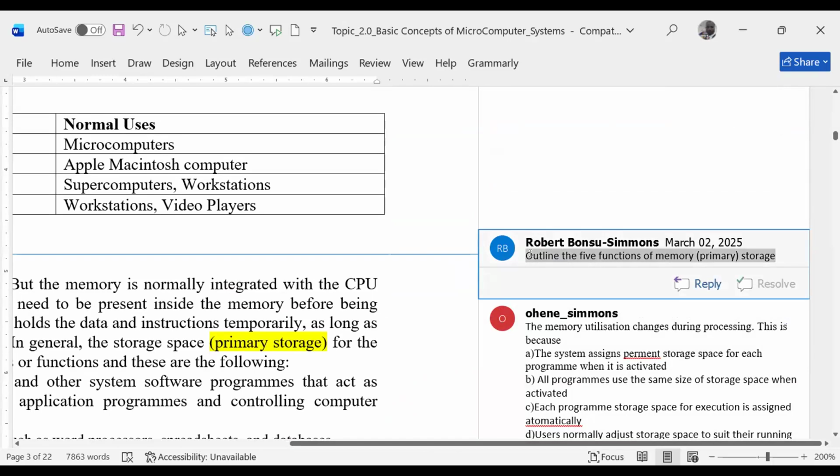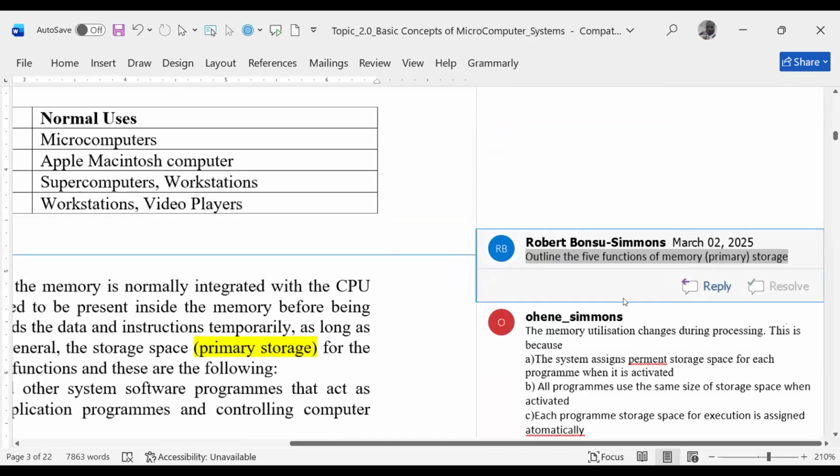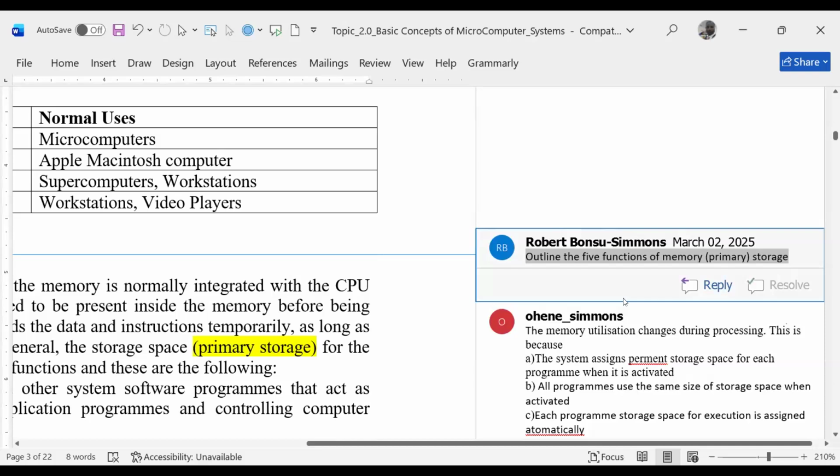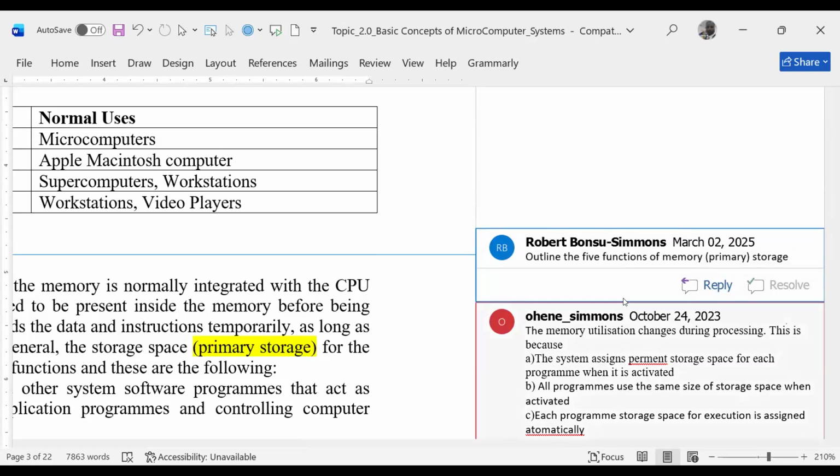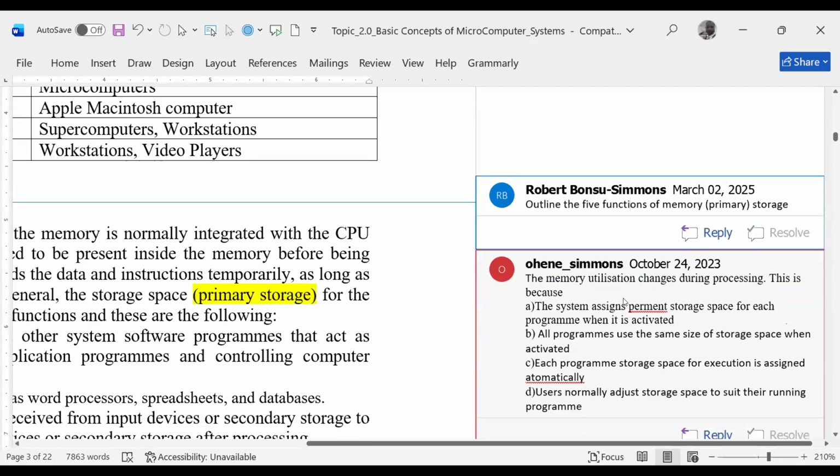Okay, have you seen this? The one I've highlighted. Read for us and tell us you understand it. Outline the 5 functions of memory storage or the primary storage of the computer. So what I understand with this question is we are going to explain what the primary storage of the computer is.